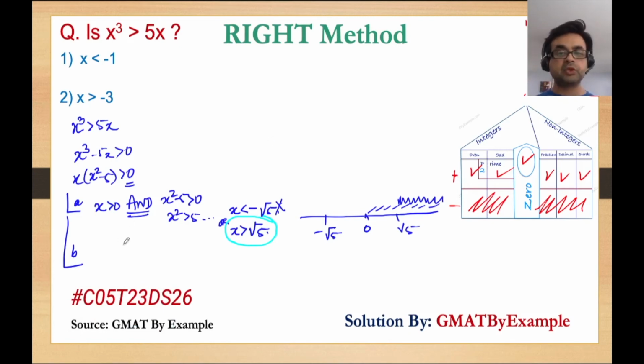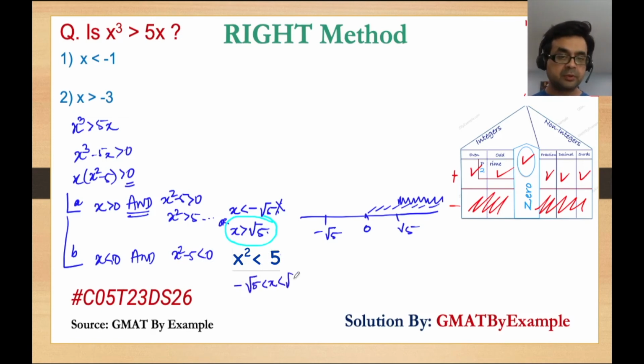Now look at pathway B. In the product, both of the quantities are negative, which means x is less than 0 and x squared minus 5 is also less than 0, which gives you x has to be between negative root 5 and positive root 5. And let's draw the number line again, root 5.